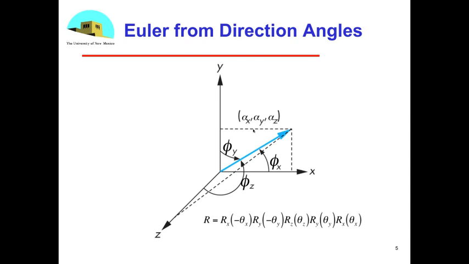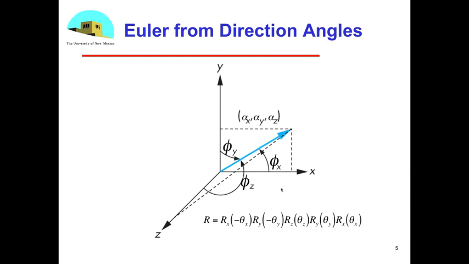Actually, I should back up one step and say, if you normalize this vector, these three alphas have to have magnitude less than or equal to 1. And in fact, they are the cosines of these direction angles. And so you have this very nice cosine rule, since this has to have length 1 because of the normalization, that cosine squared theta x plus cosine squared theta y plus cosine squared theta z has to be equal to 1, and that's something that direction angles must obey.